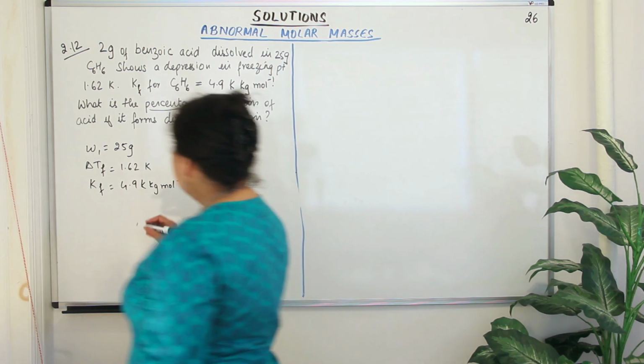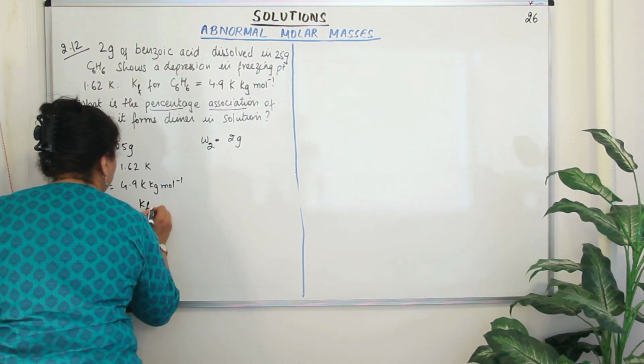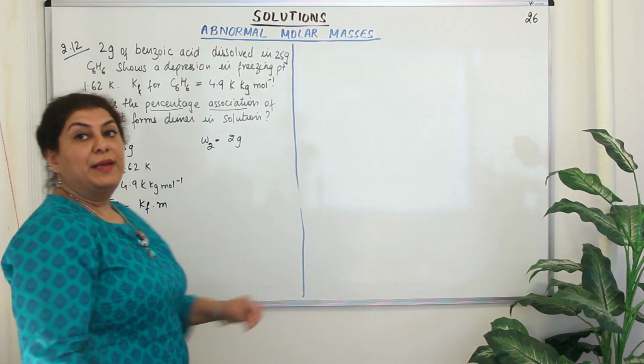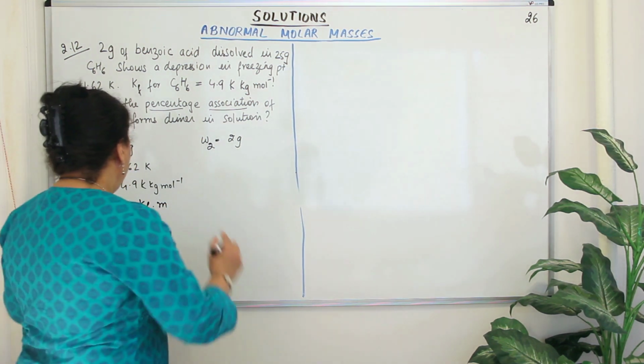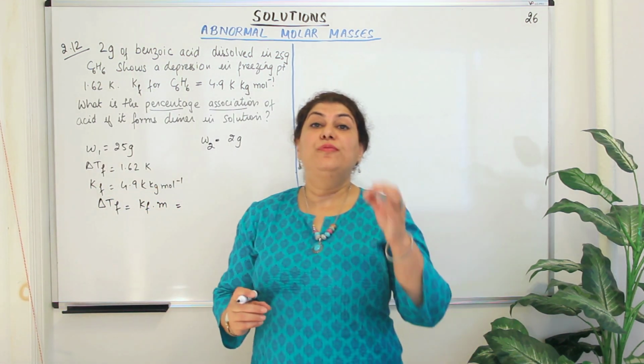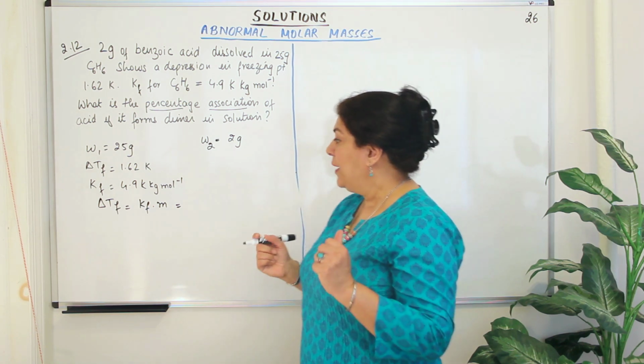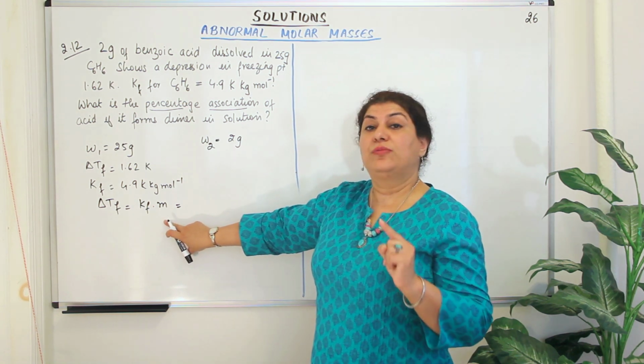We know that delta TF is equal to Kf into small m, where small m stands for molality. Now, what is molality? Molality is defined as the number of moles of solute present per kg of the solvent. And how do you calculate the number of moles of anything?